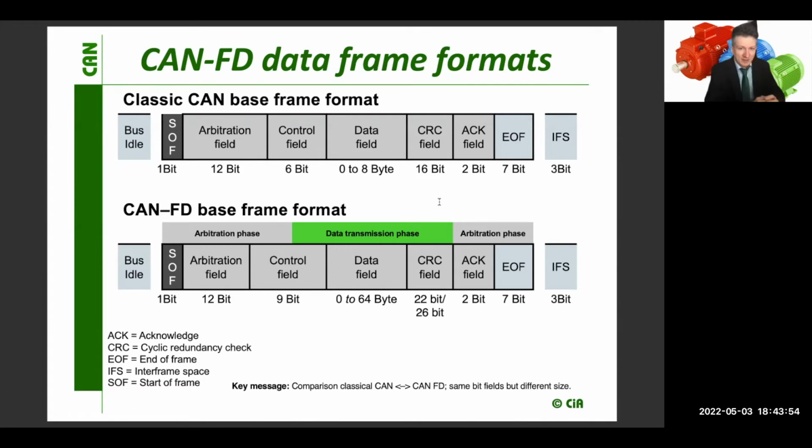What is the difference between classic CAN and CAN FD? On one side, it is higher payload, up to 64 bytes compared to 8 bytes of classic CAN, and also higher speed available for data transmission.